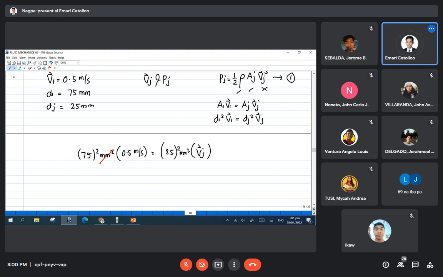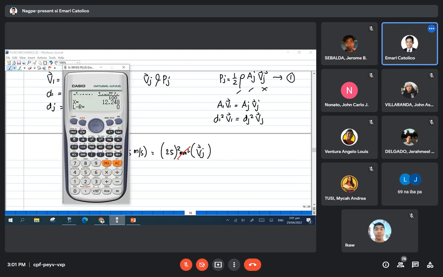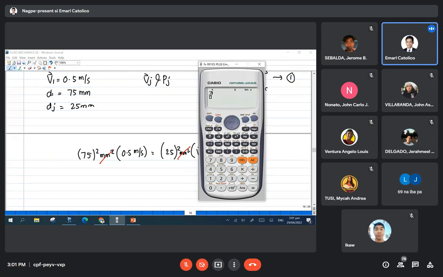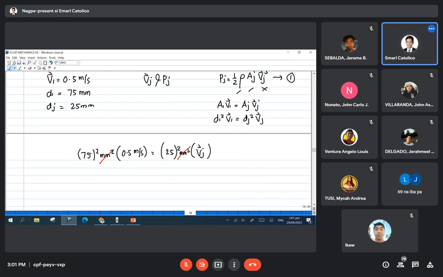Yan. So unit natin ay meters per second. 75 squared times 0.5 divided by 25 squared. So 4.5 meters per second. Yan ang sagot natin sa isang tanong.